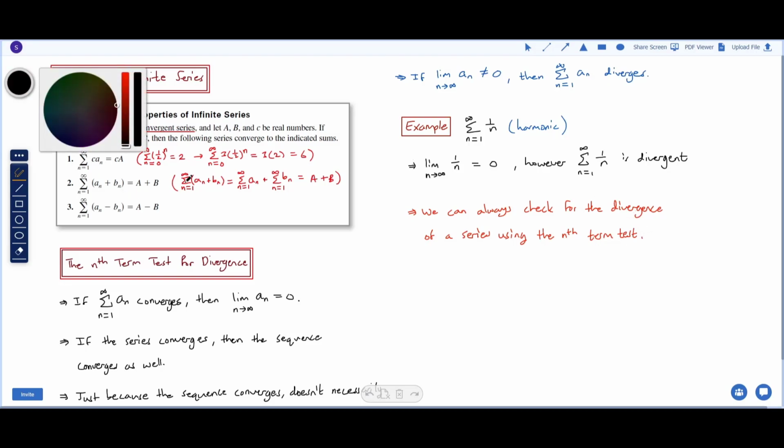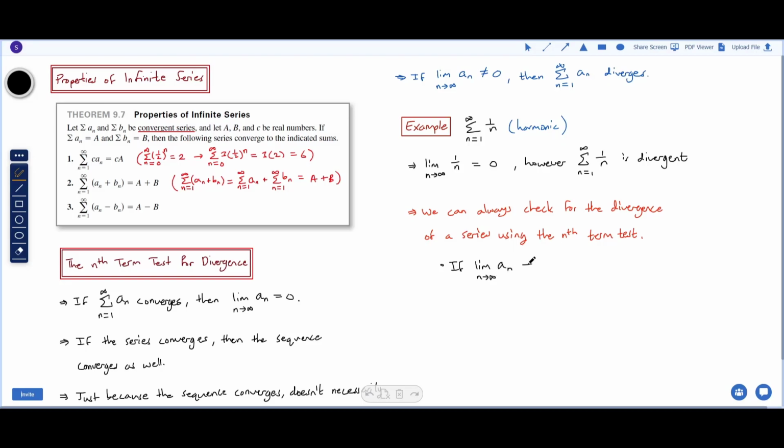The nth term test says that if the limit as n goes to infinity of a sub n is non-zero, then the sum from n equals 1 to infinity of a sub n diverges.